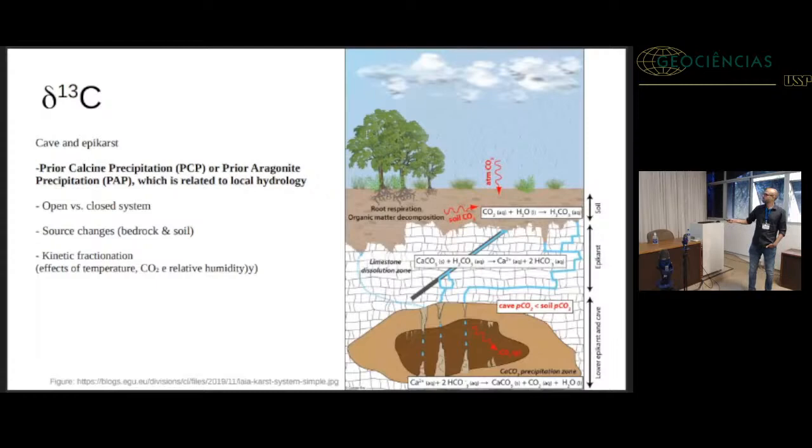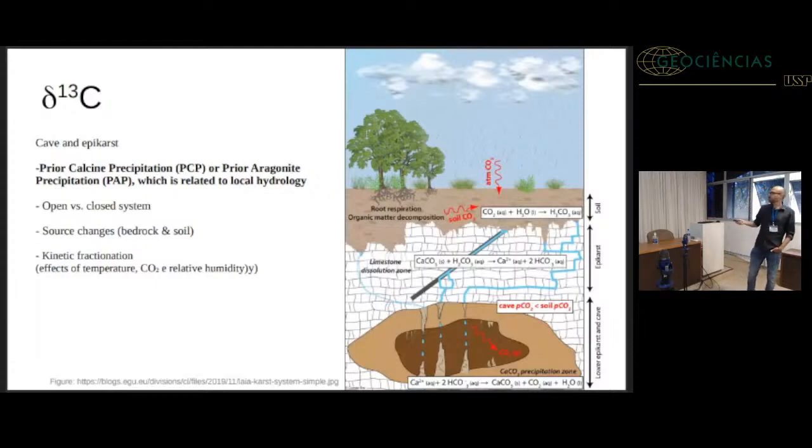But if you have a precipitation of calcite in these fractures here, or in the stalactite here, this first precipitation, like the calcite, prefers the carbon-12. Since they prefer this carbon-12, they take the carbon-12 in the first precipitation, which will increase the concentration of carbon-13 in the solution here. Since you are increasing the concentration of 13C in solution, your speleothem will have higher values of δ13C.